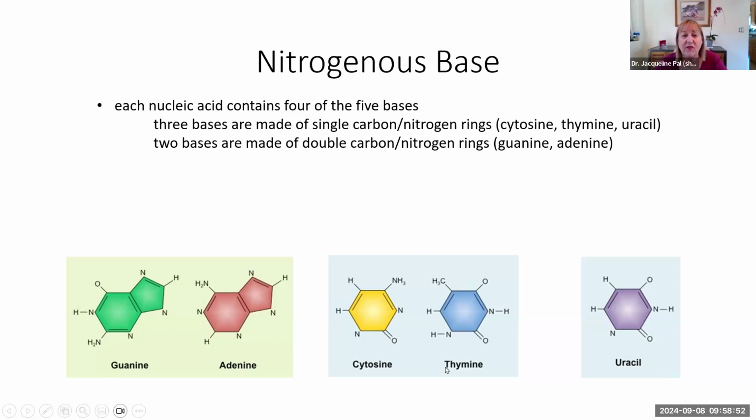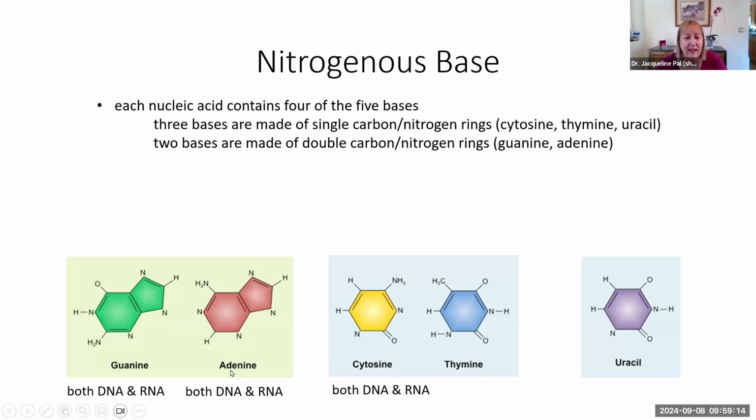So when we look at these 5 bases, you can see that 2 of them, guanine and adenine, are double carbon-nitrogen rings, whereas 3 of them, cytosine, thymine, and uracil, are single carbon-nitrogen rings.